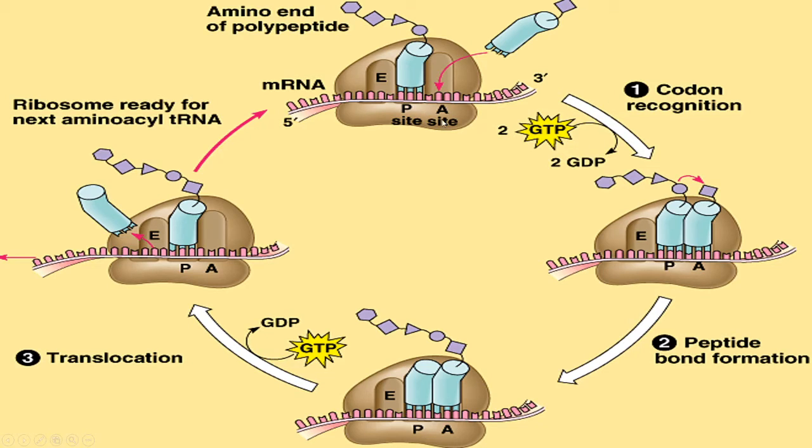This is the A site. This is a tRNA with one amino acid, so this is aminoacyl tRNA. This enters the empty A site.